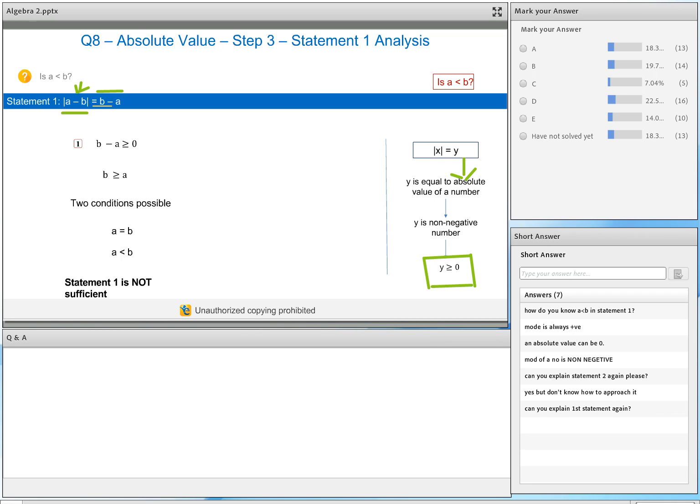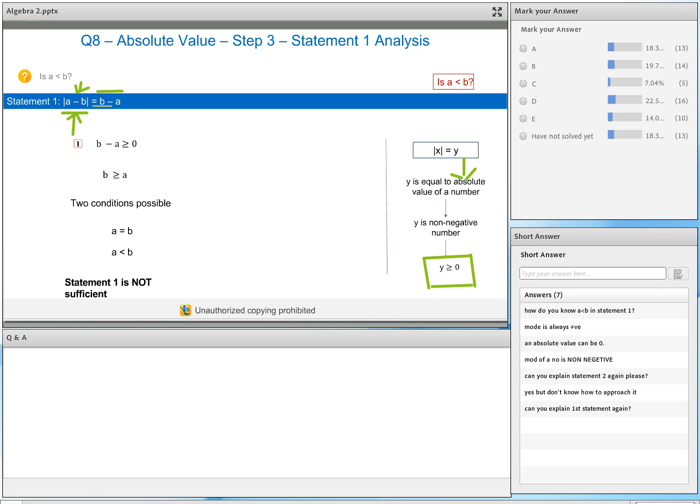Now this number can be anything. It can be A minus B, X minus Y, X plus Y, X, anything. All we are using is that B minus A is equal to mod of a number, and we are utilizing the concept that mod of a number is a non-negative number.